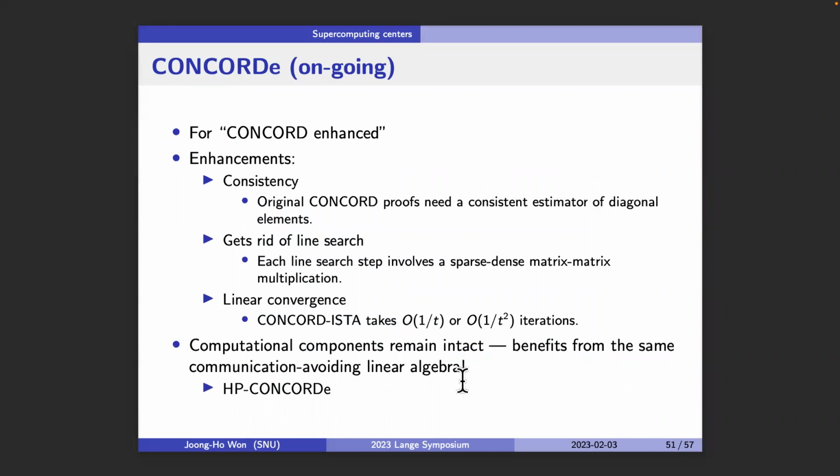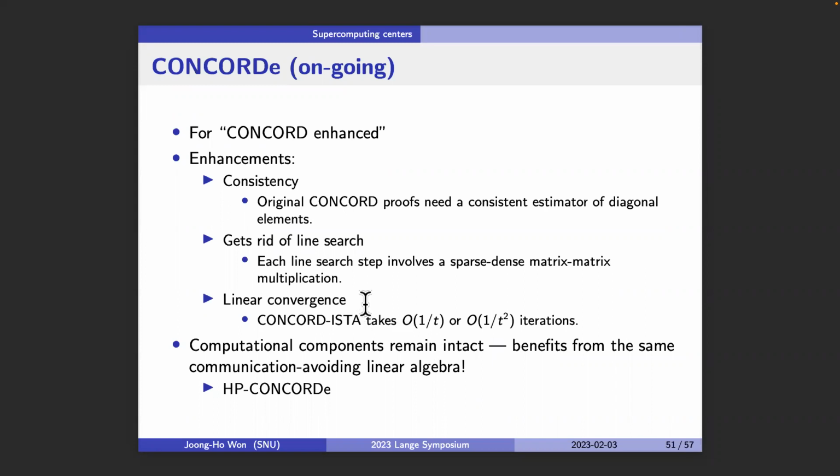There are some limitations of the original Concord in terms of statistical consistency, because the original Concord proofs need some consistent estimator of the diagonal elements. That, to me, was a little weird, so I fixed that. And I also got rid of the line search. Line search to determine the step size involves additional matrix multiplication, so getting rid of that saves a lot of computation.